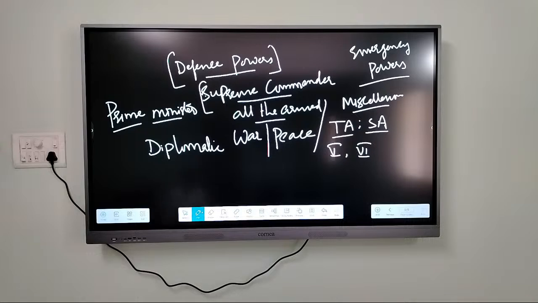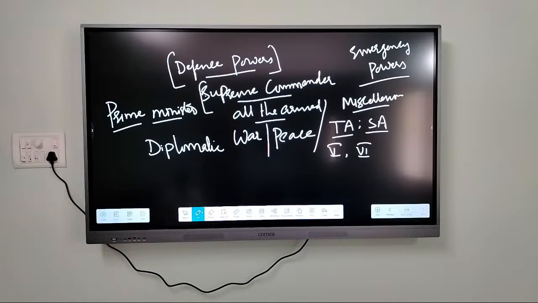The President of India, though being a constitutional head of the union government, cannot become authoritative.